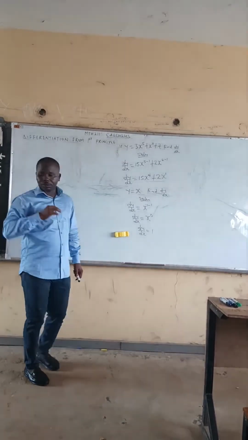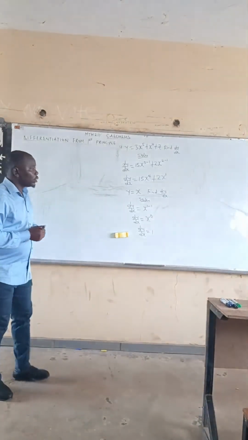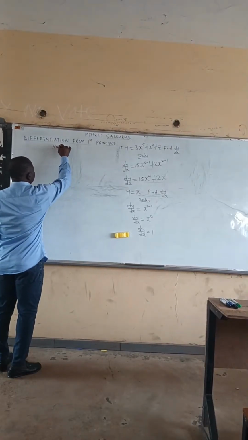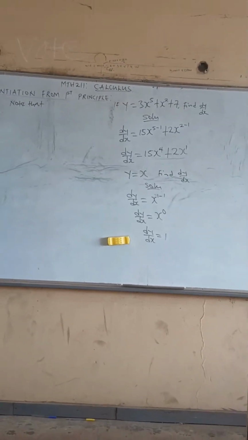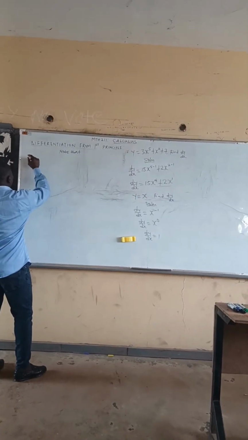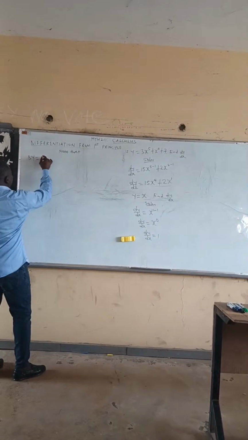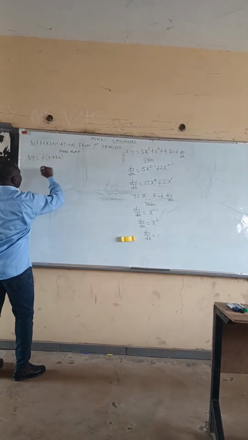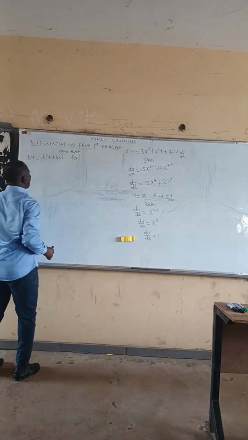Okay, now let us note that our dy is equal to f of (x plus dx) minus f of x.